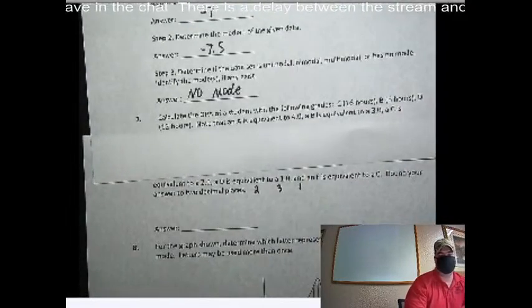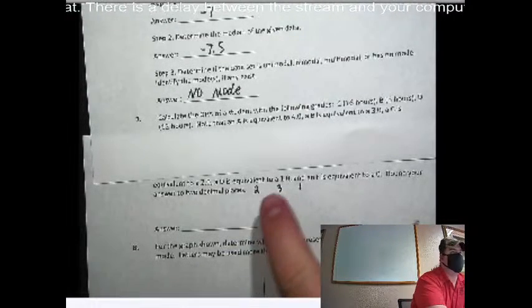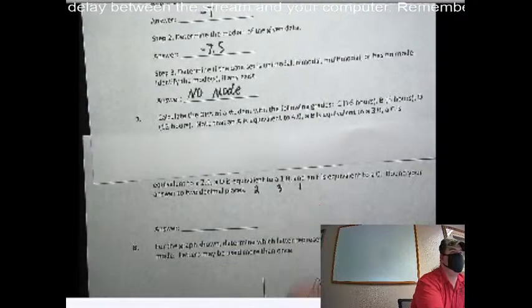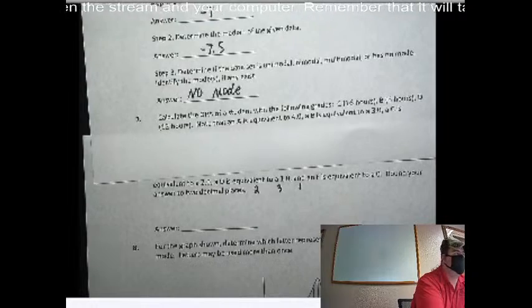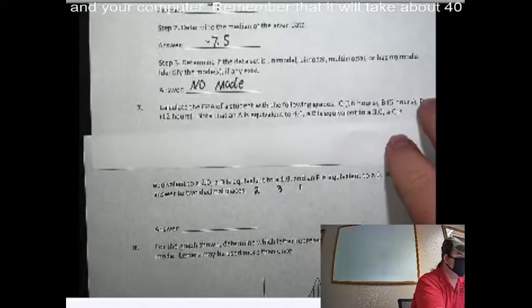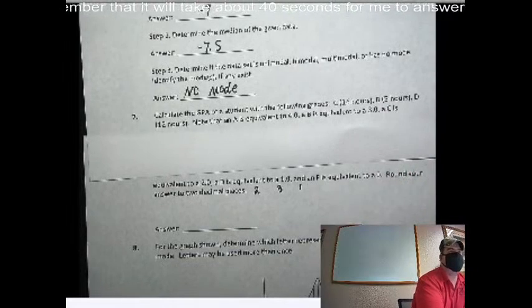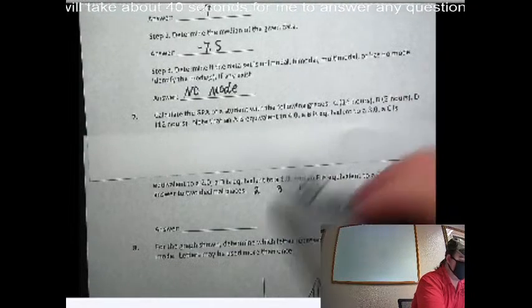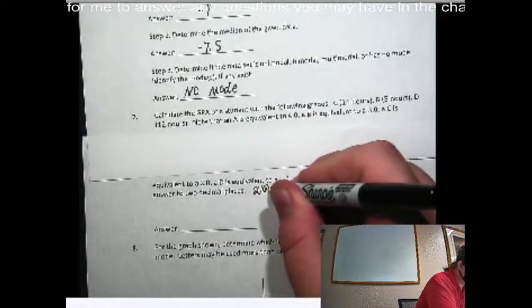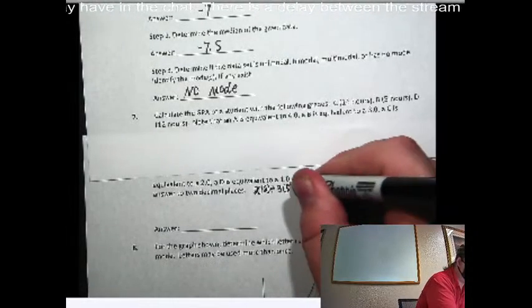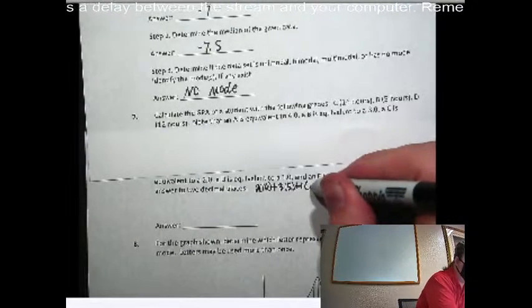Then we need to do what with these numbers? Yes, so we need to multiply our weights by our values. So let's see, 16 times 2, 3 times 5, and 1 times 12, and we will add all these up.